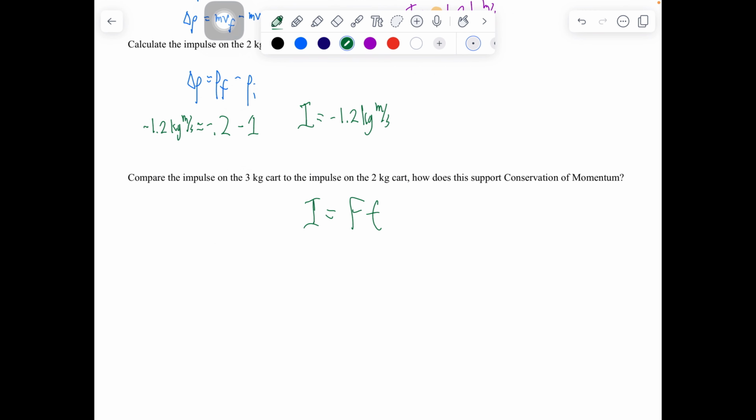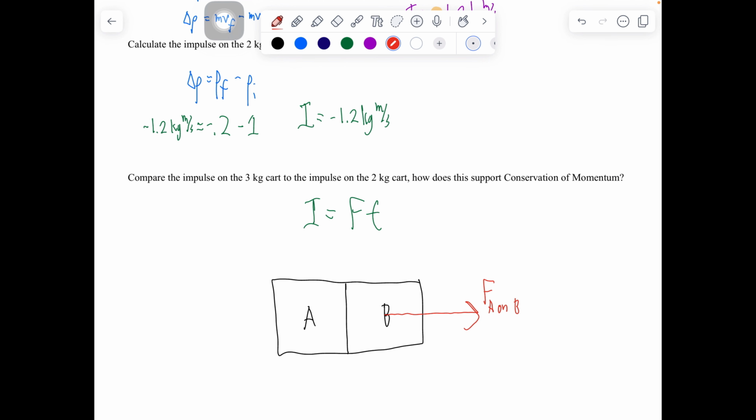In a collision, here we go. Here are two objects. They were moving, they hit. Here's object A. Here is object B. Object A applies a force on object B. This is the force of A on B. Object B applies a force on A. This is the force of object B acting on object A. These are equal and opposite.